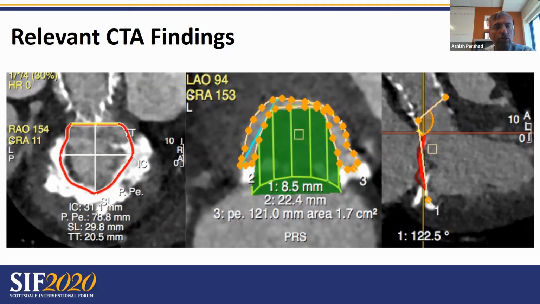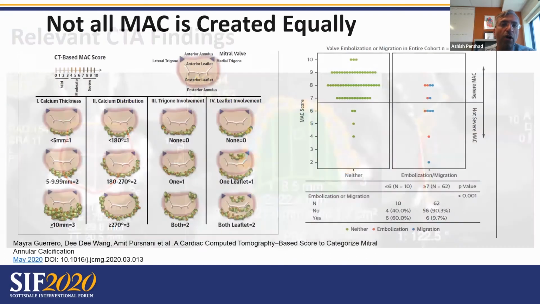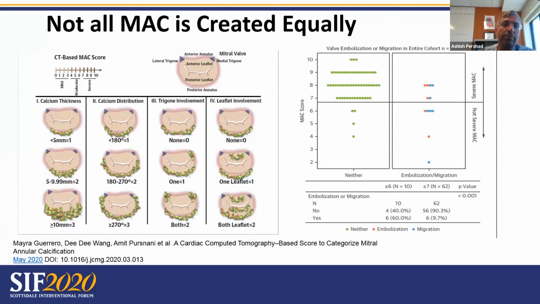We want to bring to the attention of the viewers a recently published paper that we were involved in that looked at mitral annular calcification and its distribution, thickness, and involvement, and how suitable MAC distribution and calcium was for performing a transeptal valve in MAC.